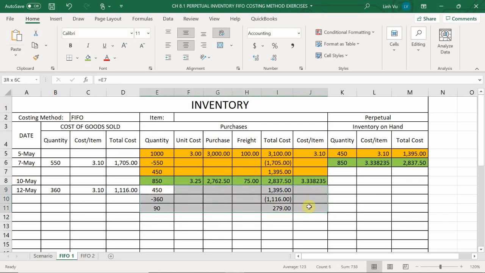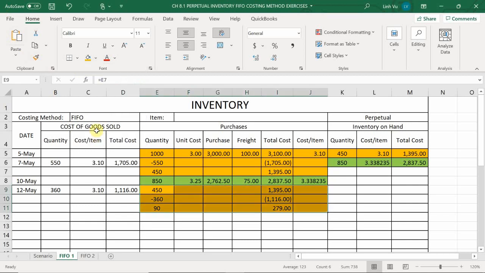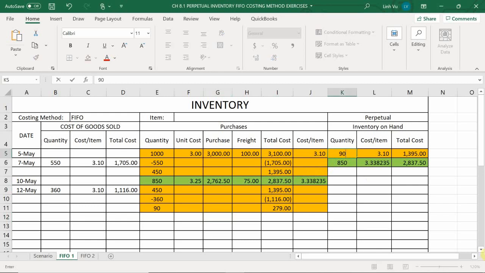So I'm going to highlight this and make this orange so you know that this came from the orange batch. I only have 90 left in my orange batch, which 90 times $3.10 gives you $279.